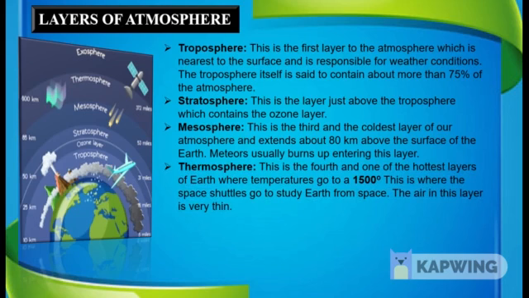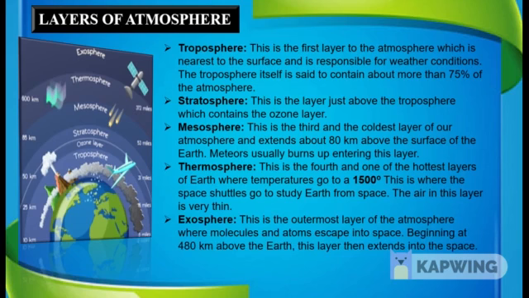This is the fourth layer and one of the hottest layers of the earth, where temperature goes up to 1500 degrees. This is where the space shuttles go to study earth from space. The air in this layer is very thin.